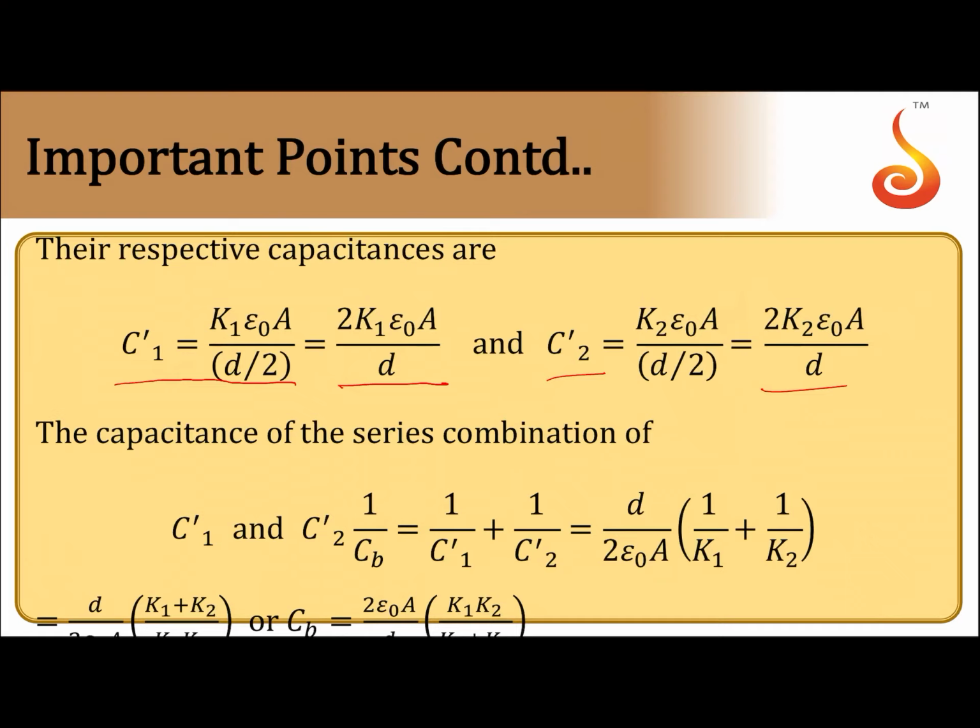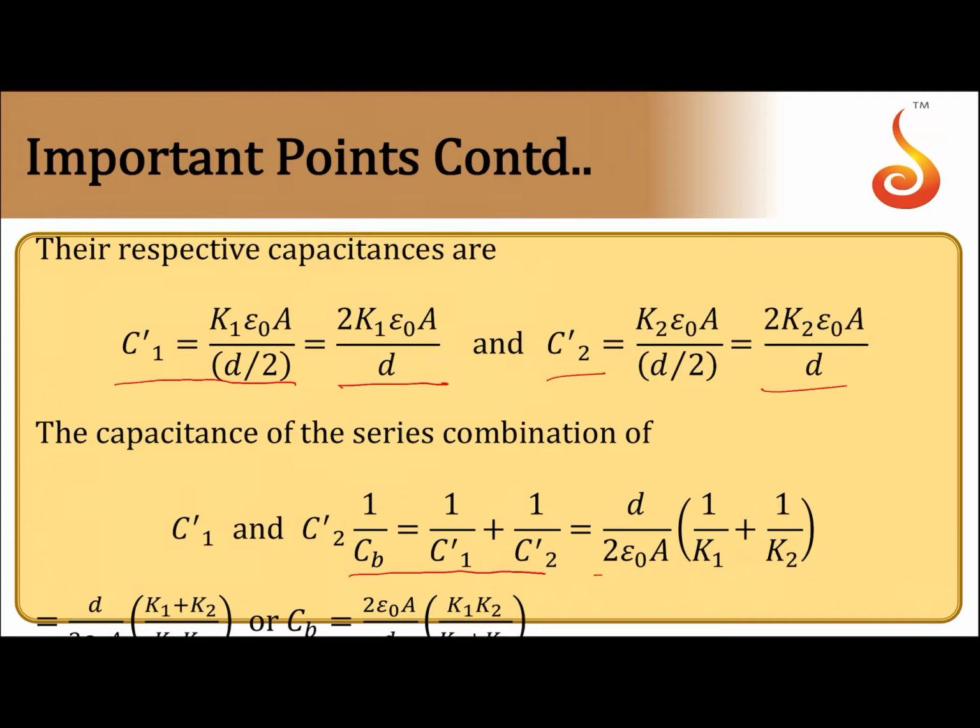Now they are in series. So effective capacitance is given by 1 by C, that is equal to 1 by C1 dash plus 1 by C2 dash, that is equal to D divided by 2 epsilon naught A into 1 by K1 plus 1 by K2.